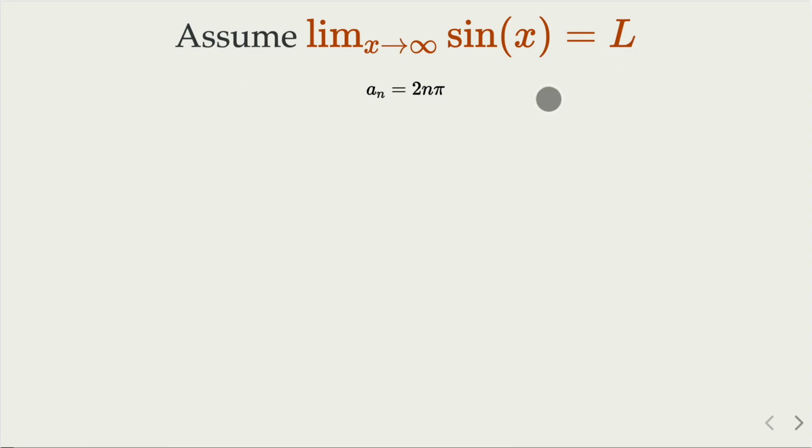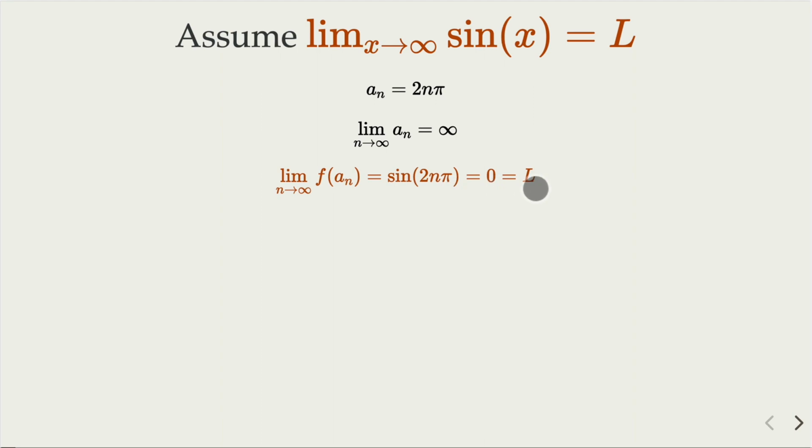This sequence satisfies the property that when n goes to positive infinity, a_n also goes to positive infinity. From the theorem, the limit of f(a_n) is L, and for 2n pi, where n is an integer, no matter how big it is, sine is always 0. So L must be 0.